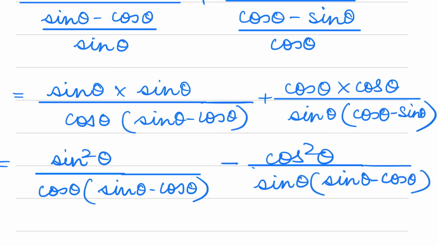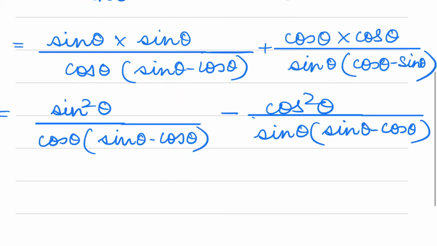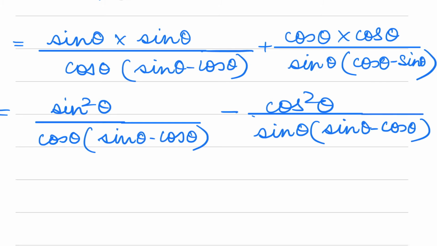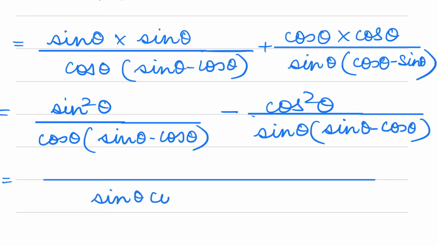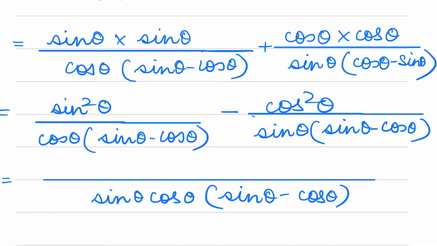So we took the negative sign common, or minus 1 common, from the denominator. Now we'll take the LCM. LCM will be sin theta cos theta into (sin theta minus cos theta). Here I have sin cube theta minus cos cube theta.